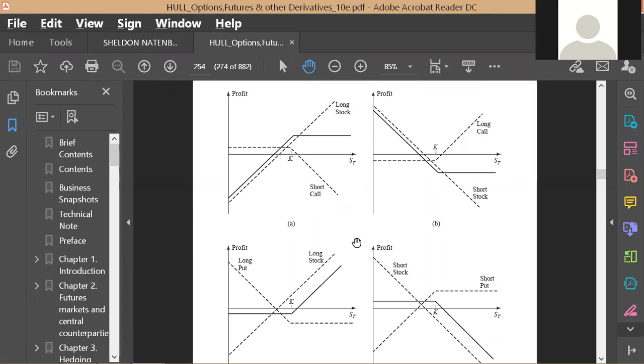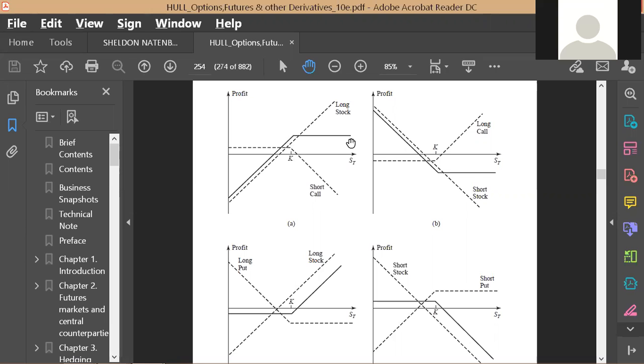Now the question is, what is the other position that you need? Because remember, what you have to create is a profile which is similar. At the end of the day, it has to look like this, roughly. So there must be some kind of profit as it goes above the zero line.